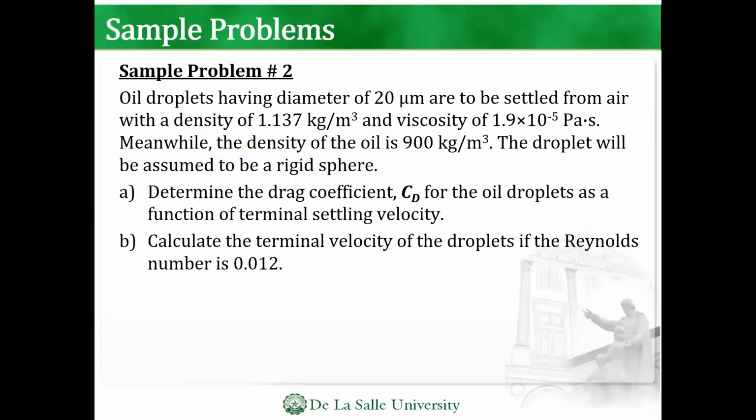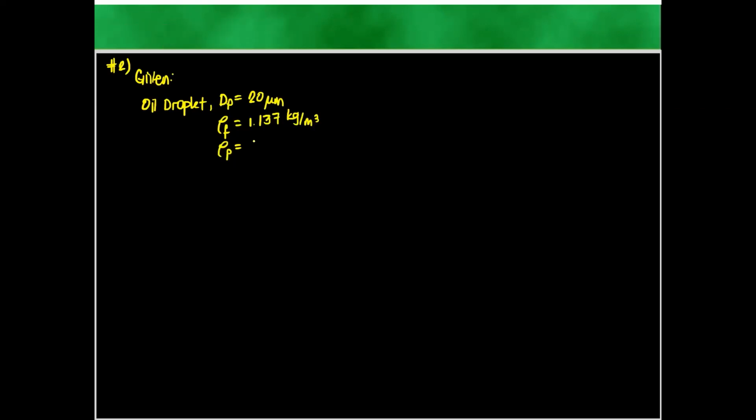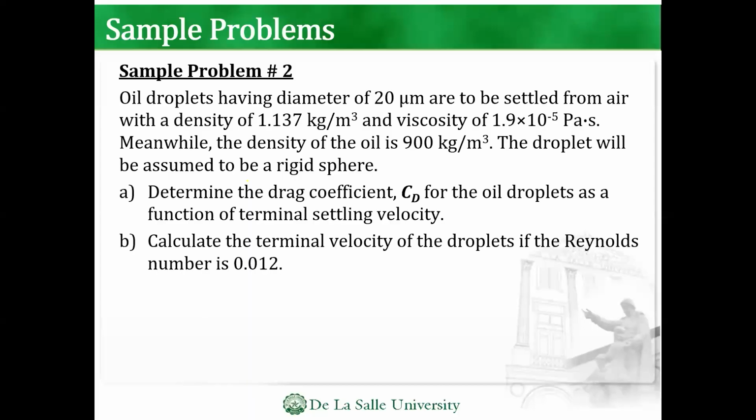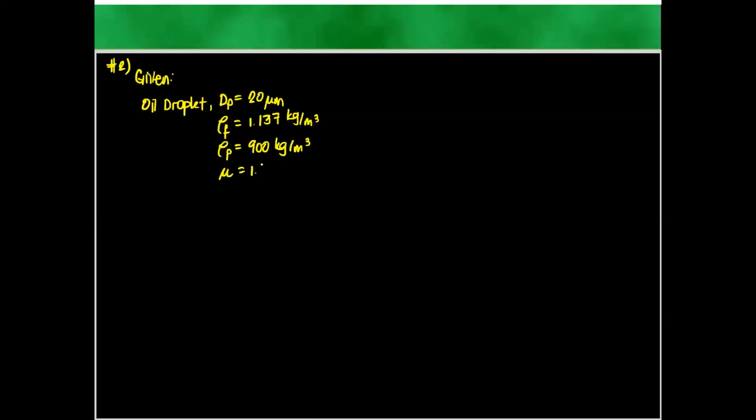The density of the particle is 900 kilogram per cubic meter. And the viscosity is 1.9 times 10 to the negative 5 Pascal second. So what's being required?